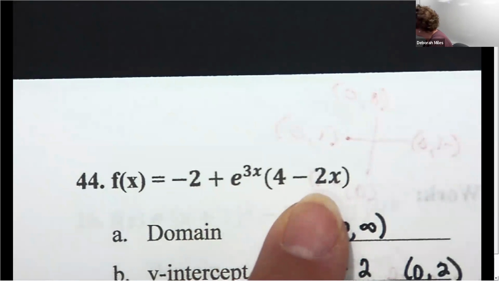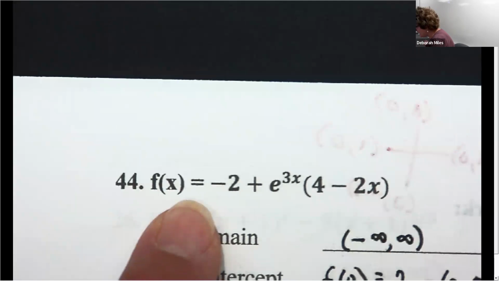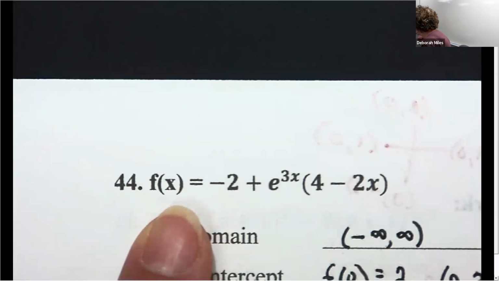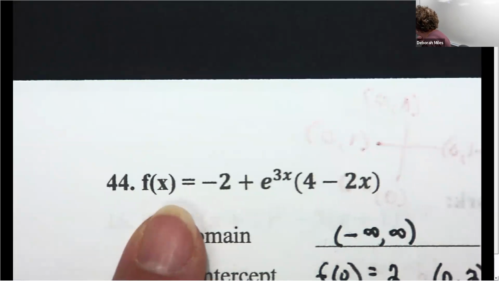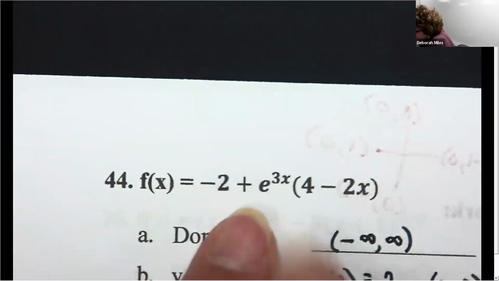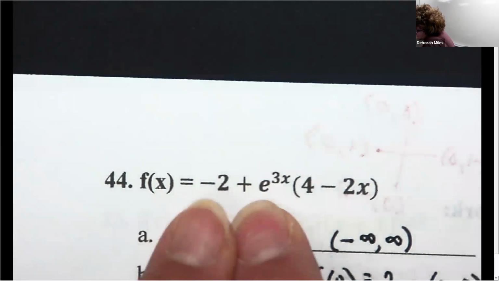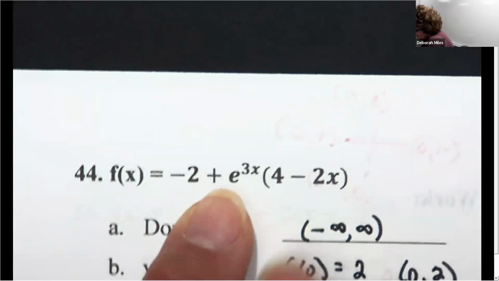Adding -2 at the end is not going to make much difference. We'd have a positive bazillion times a negative bazillion.